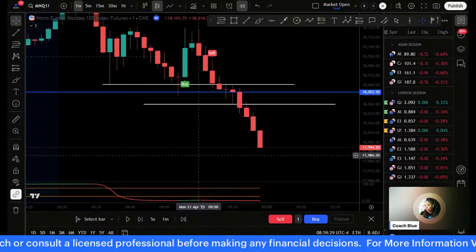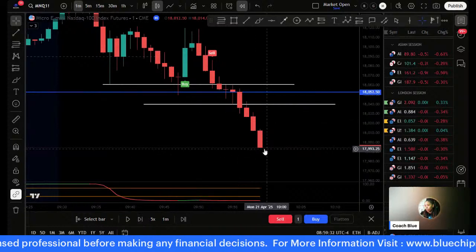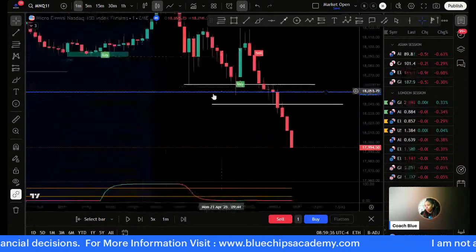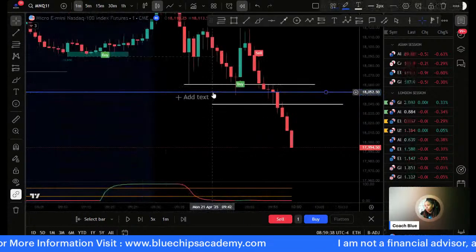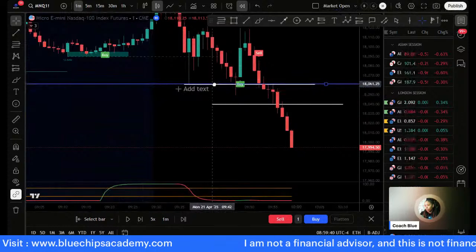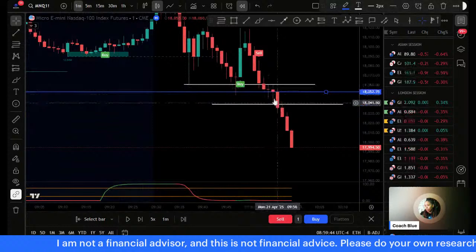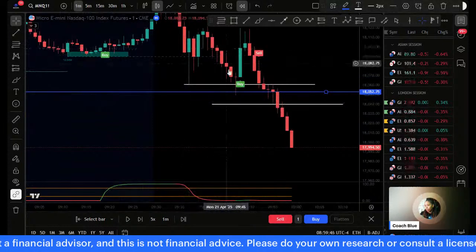Okay, so you can still see price dropping here, right? It found support twice here and it broke out. So we had our push down.